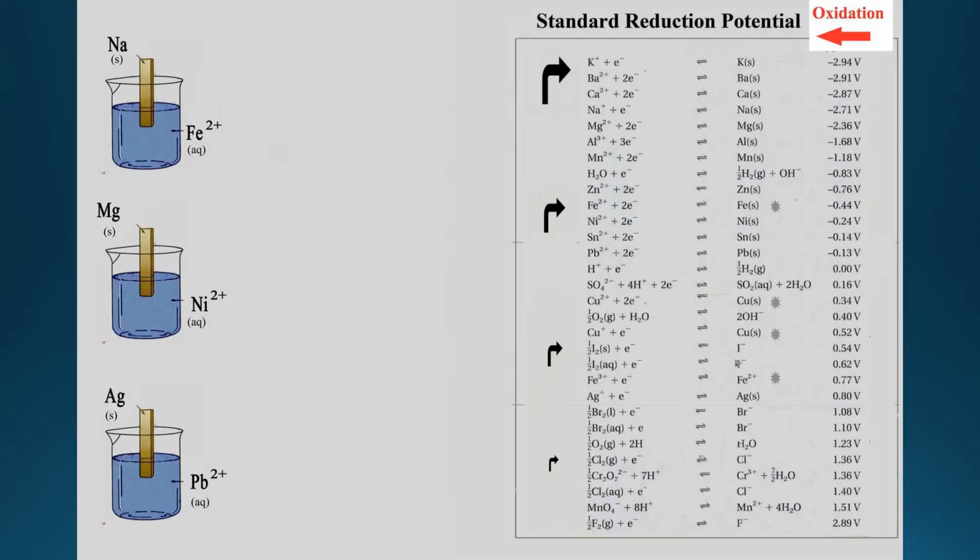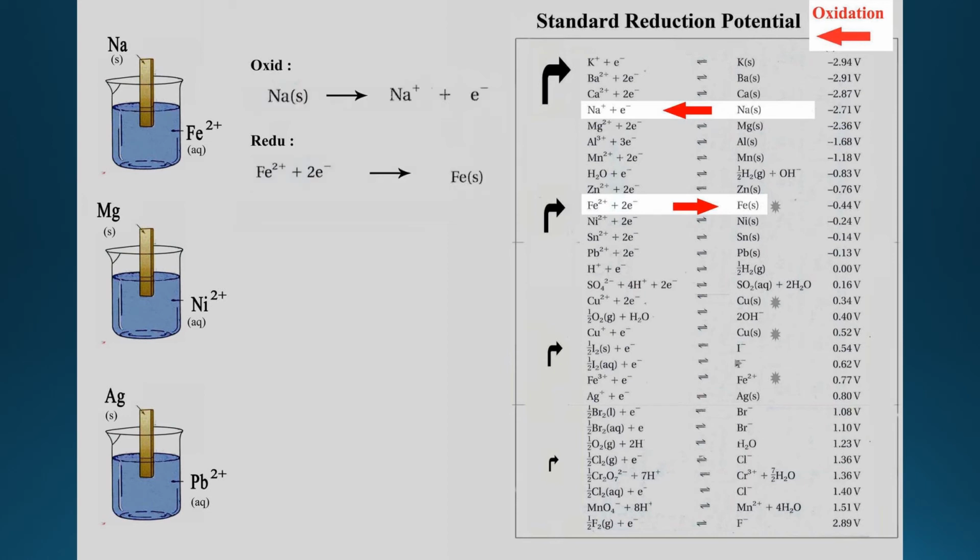Now let's do more exercises. Sodium and iron. According to the flow, oxidation, reduction. Sodium, reverse arrow.